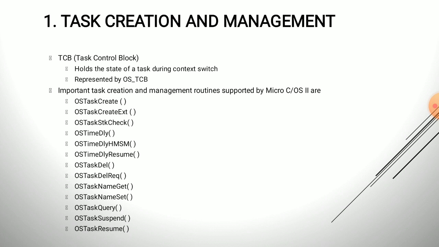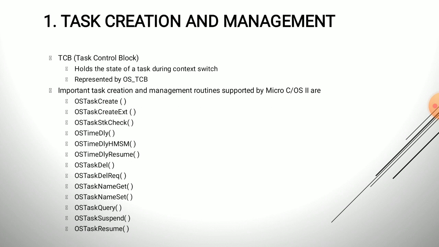It is same as OS task del function. It sends a task delete request to the micro C kernel, and this call makes the deletion safe and protects the task from deletion when it is holding shared resources like semaphore and mailboxes.